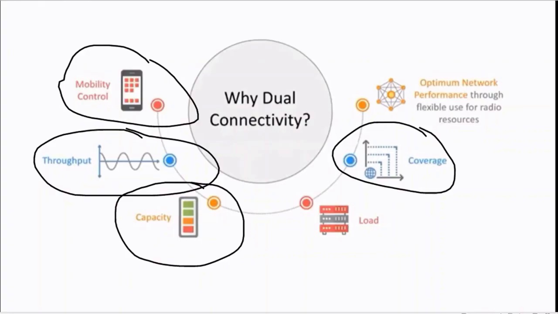Then we have load balancing. What's the main aim of load balancing? The main aim of load balancing is to balance the uneven traffic load among the neighboring cells. In a wireless network, traffic load in different cells is frequently unequal. You know it, right? Some cells get very high traffic, some cells get very low traffic. So what happens?